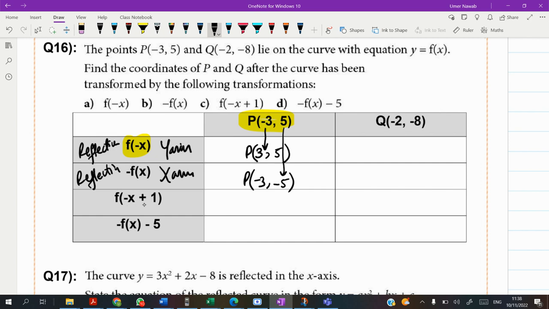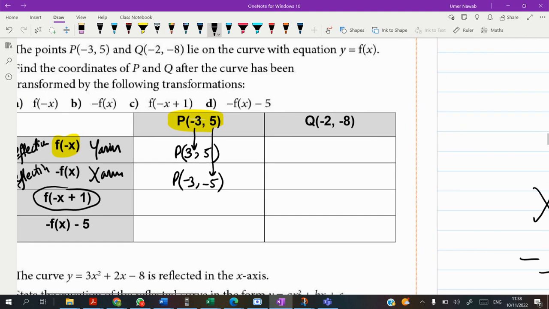This is interesting. The translation is happening, horizontal translation, and then you do the reflection. So I will suggest, in this case, when I move from f of x to f of minus x plus 1, can you do it in two phases? That is, f of x first goes to f of x plus 1. That's better.